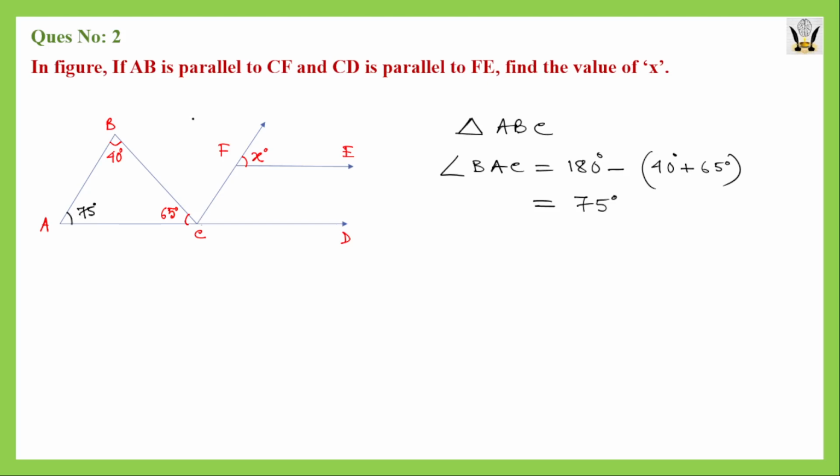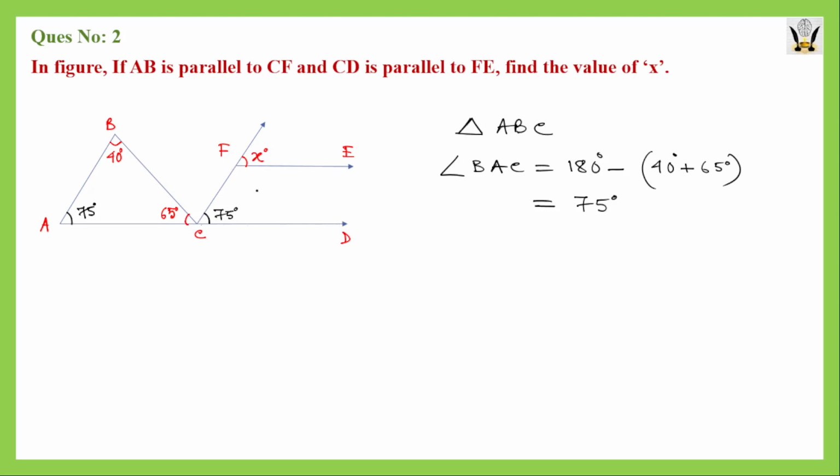Now as it is given in the problem statement that AB is parallel to CF, with respect to those two parallel lines, AC or AD can be considered as the transversal. So this angle BAC and this angle FCD will be corresponding angles. That means the value of these two angles will be equal. And now it is also given in the problem statement that CD is parallel to FE.